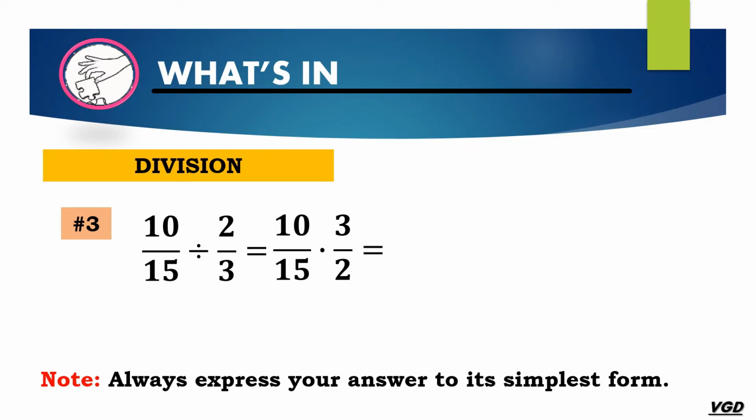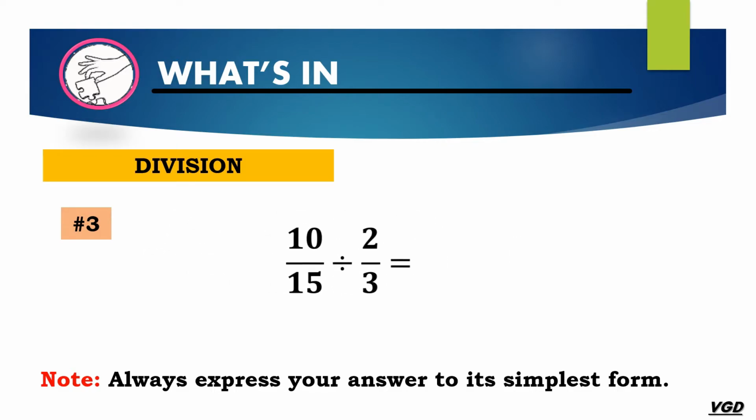So we got here 10 over 15 times 3 over 2, which is equal to 10 times 3 is equal to 30 for the numerator, and for the denominator, we have 15 times 2, which is also equal to 30. And 30 divided by 30 can be simplified to 1. So, 10 over 15 divided by 2 over 3 is equal to 1.